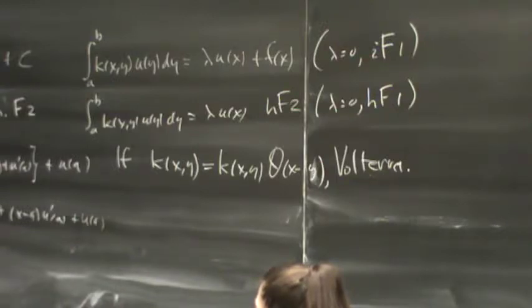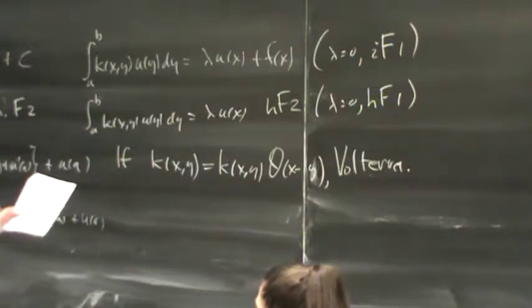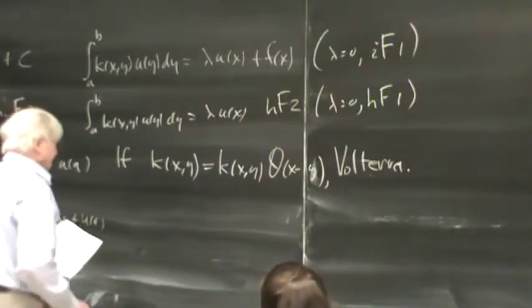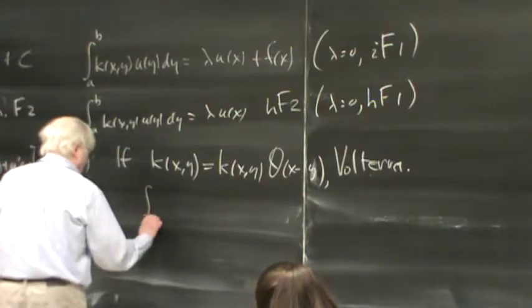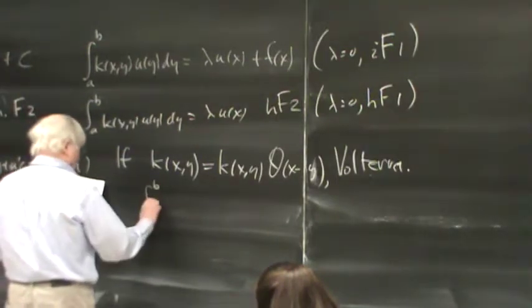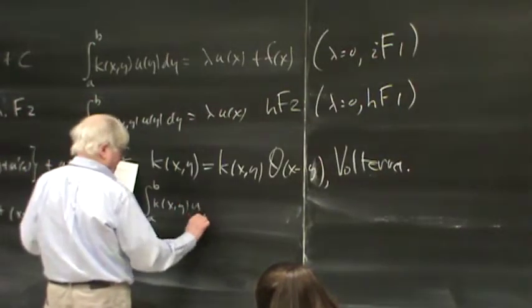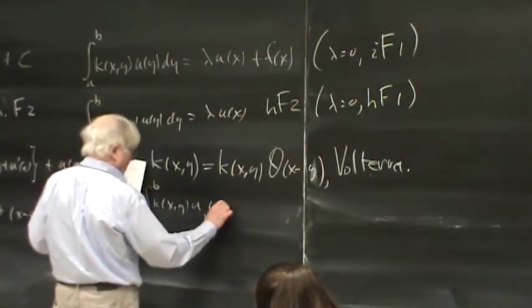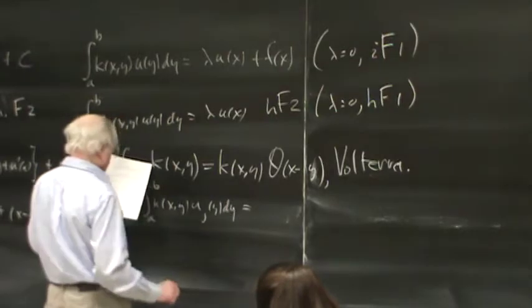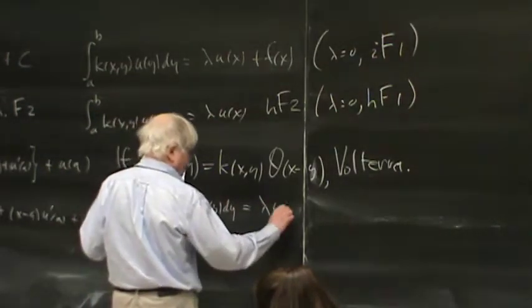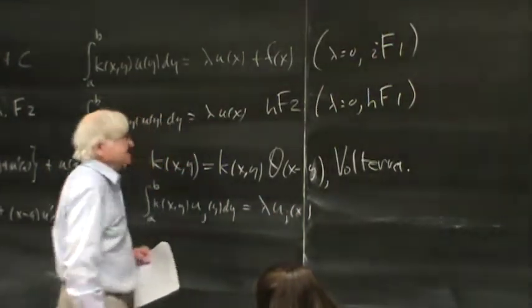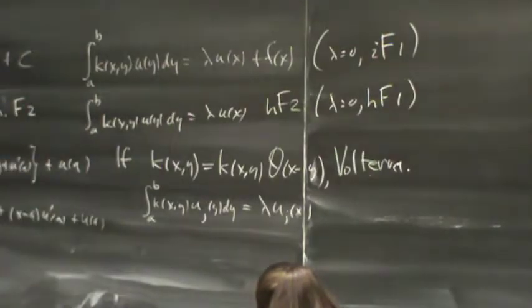Okay, so what are the implications of linearity? Let's first look at the equation: the integral of k of x and y, uj of y dy, is equal to lambda uj of x. K is called the kernel, as I've said. So this is a homogeneous Fredholm equation of the second kind.